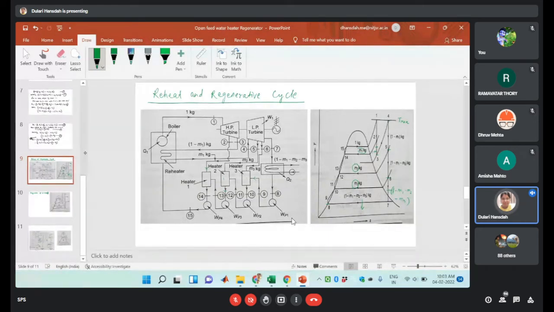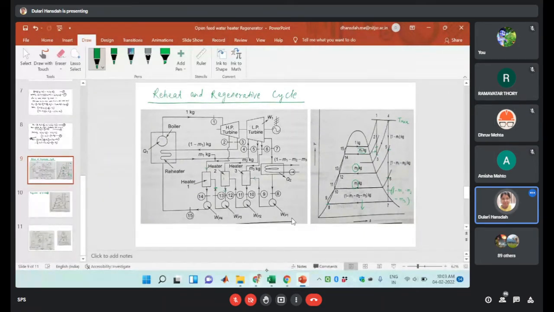So what is the mass in this case? Any one of you, can you tell me what will be the mass entering heater 1? 1 minus M1, into what will be the enthalpy, H13.